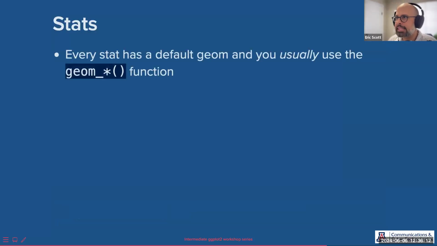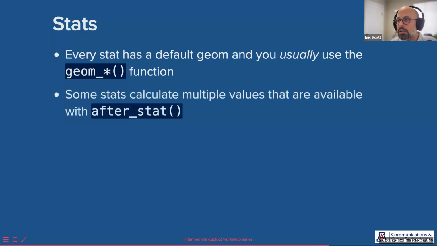Okay, so stats. Every stat has a default geom, just like we saw. You usually use the geom function and not the stat, but you can use either one. We can use stat boxplot instead of geom boxplot, and it works. There are some stats that calculate multiple values that are available using the after stat functions. That's one example I'm going to show.